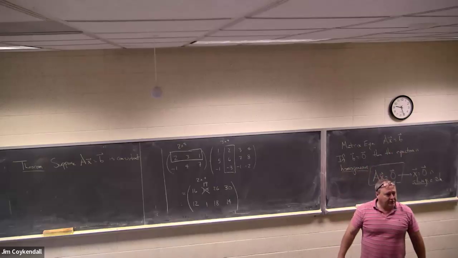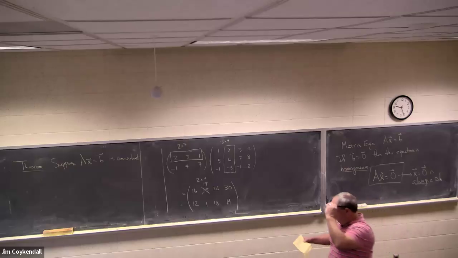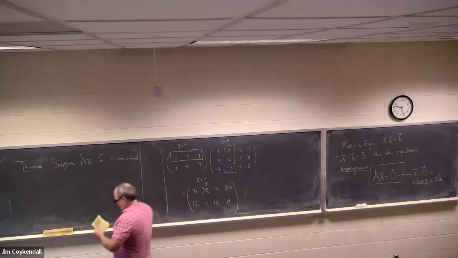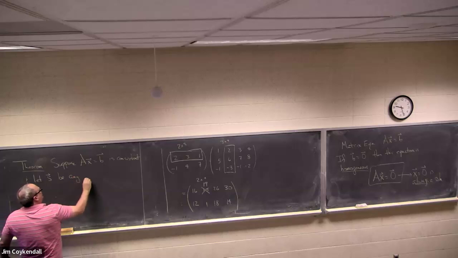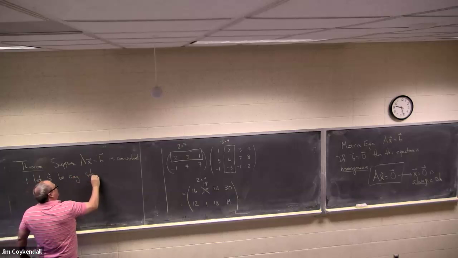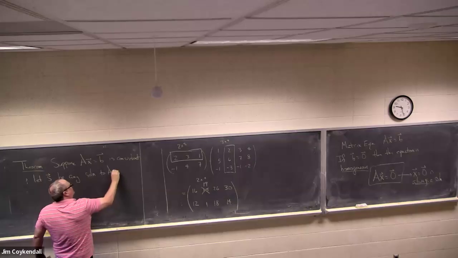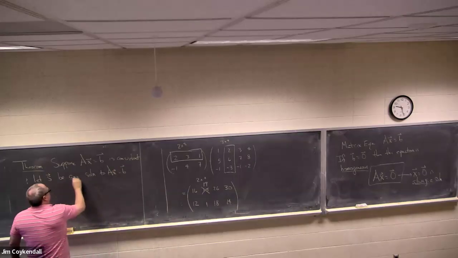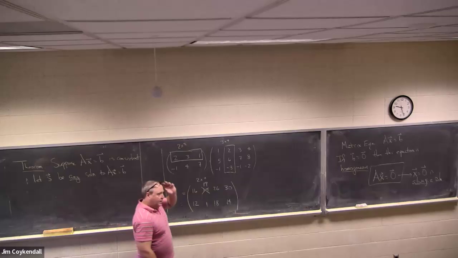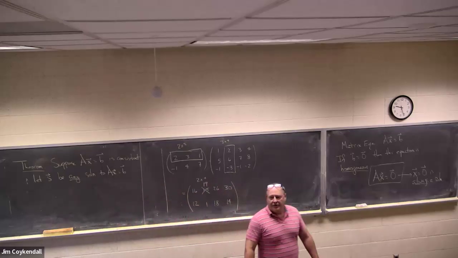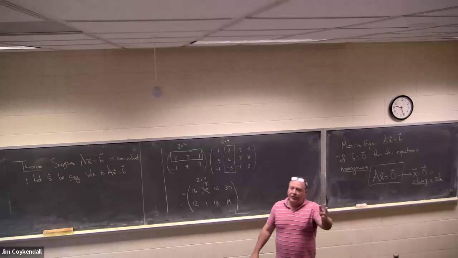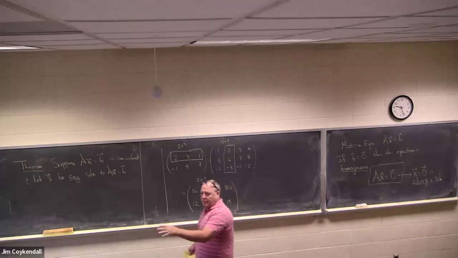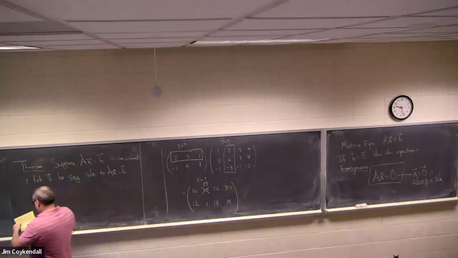Let's assume, just for giggles, that AX equals B actually has a solution. And let S be any solution. Okay, so if AX equals B is consistent, then it's got some solution. Let S be any solution. I don't care which one. Maybe there's only one, maybe there's infinitely many, but there's at least one, so pick S at random. It's any solution you like.